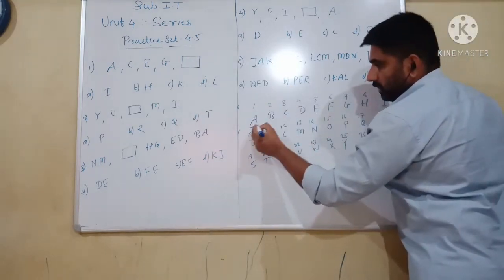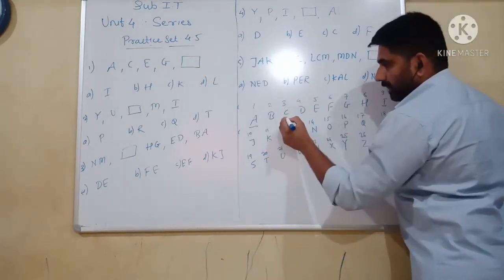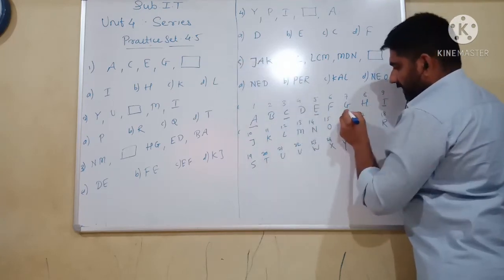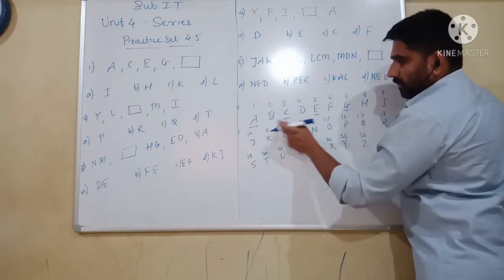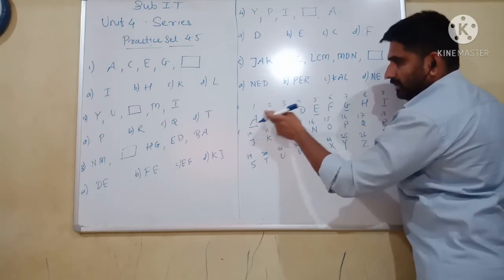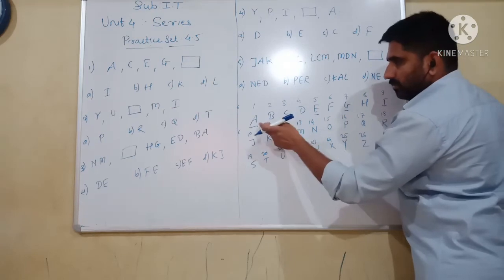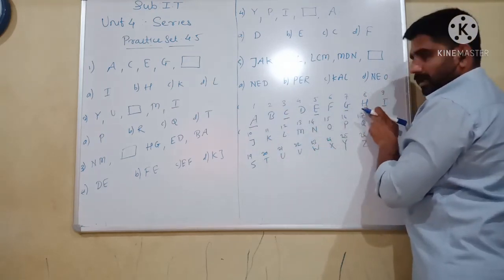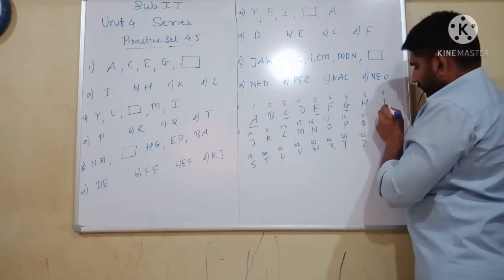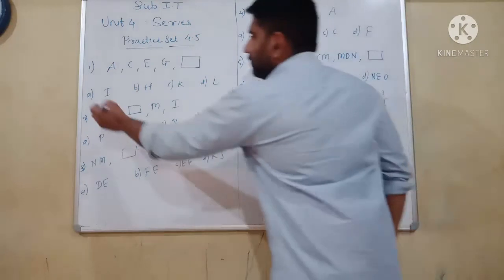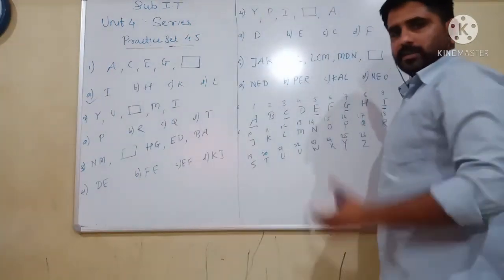First is A, followed by C, followed by E, followed by G. Each alphabet is alternating: 1, 3, 5, 7. Again, the next alphabet will be I. So where is I? I is option number A.